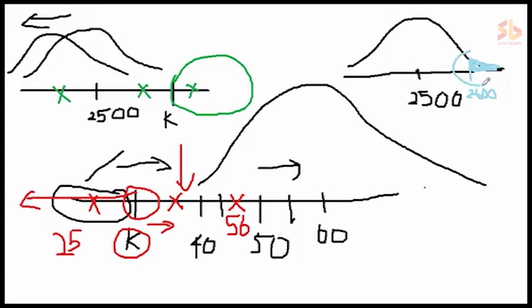So if this value is less than alpha, which means we can consider that this probability is less than the probability of type 1 error, which means the size of the test, then we can reject. But if it is greater than alpha, still we can consider that we don't have enough evidence to reject this H naught. So that is the basic idea about hypothesis testing in graphical form.